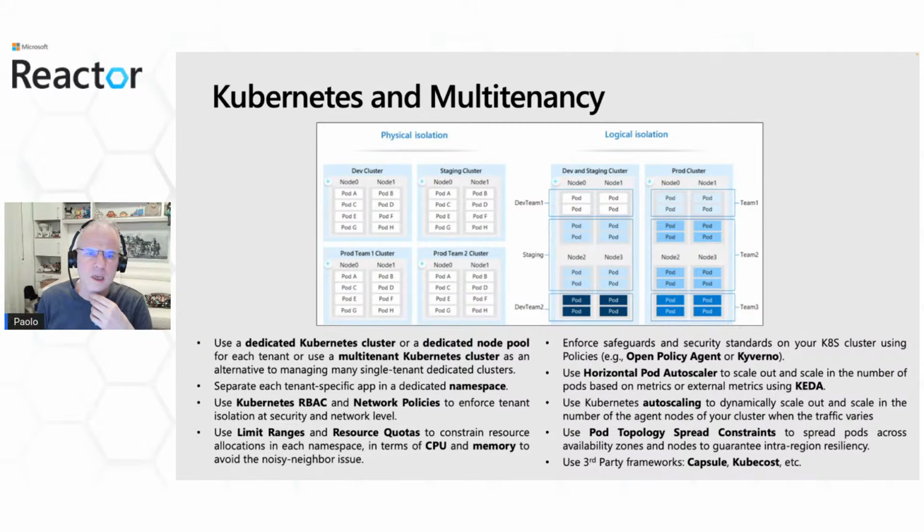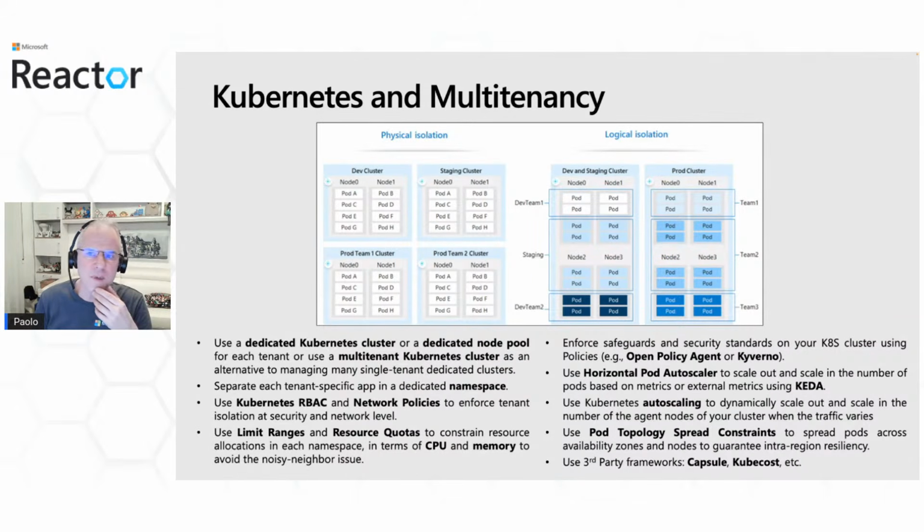So it's important that you deploy clusters, for example, in Azure Kubernetes Service, across availability zones, but also when deploying your workloads, you are using the pod topology spread constraint to make sure that you have at least one replica in each availability zone. And finally, I'd like to remark the fact that you can also leverage third-party frameworks like Capsule.